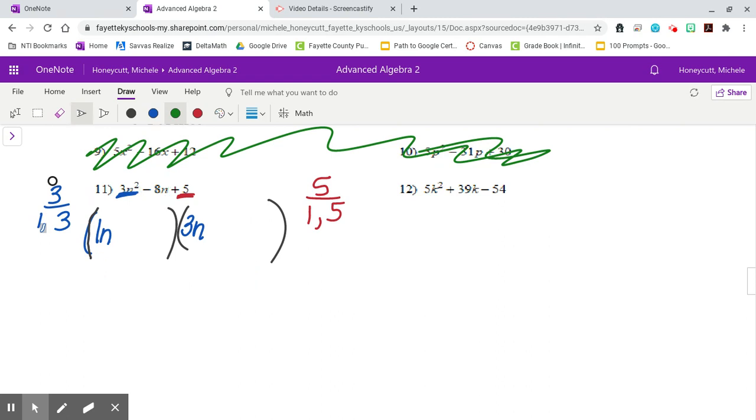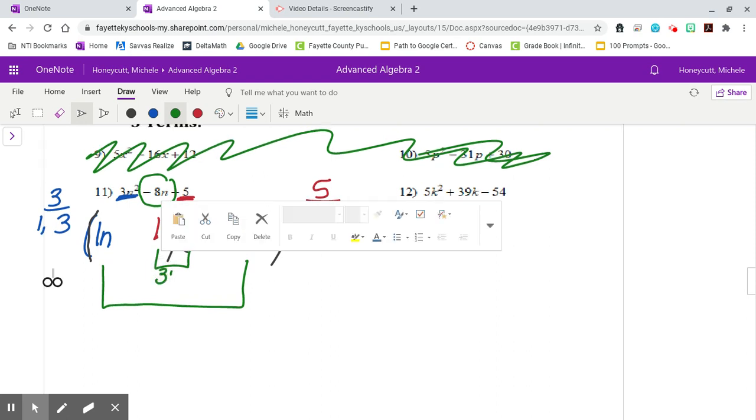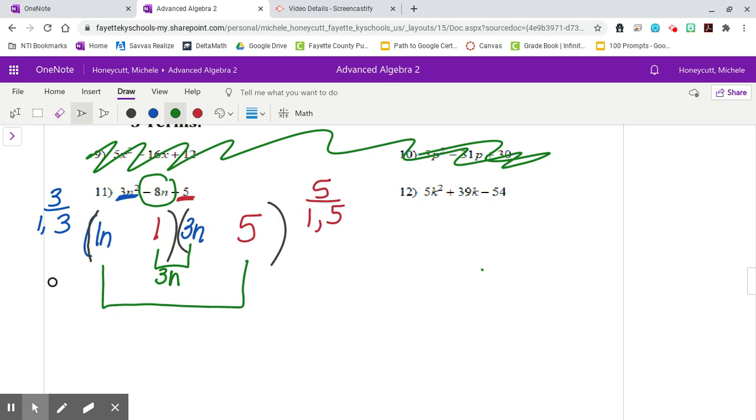Okay, instead of 5 and 1, maybe now I'll try 1 and 5. Again, I'm trying to combine this product with that product to get negative 8. Well, 1 times 3 is 3n, and 1n times 5 is 5n.